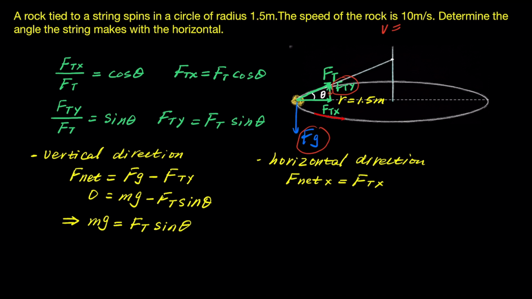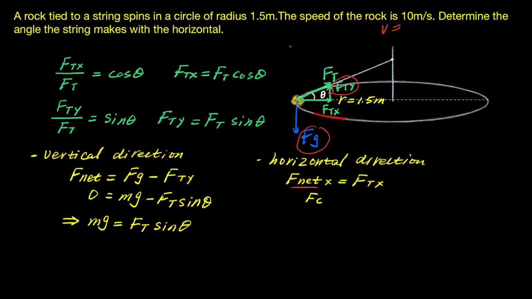The centripetal acceleration only changes the direction of the velocity while maintaining a constant speed. So as soon as there's a centripetal acceleration, this horizontal net force will not be 0, and it will equal the centripetal force, Fc, which is always directed towards the center of the circle.